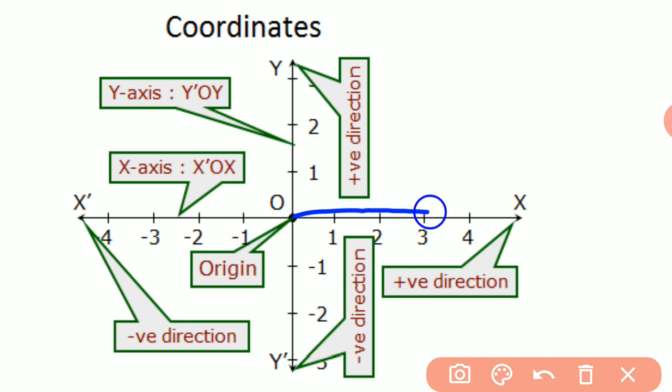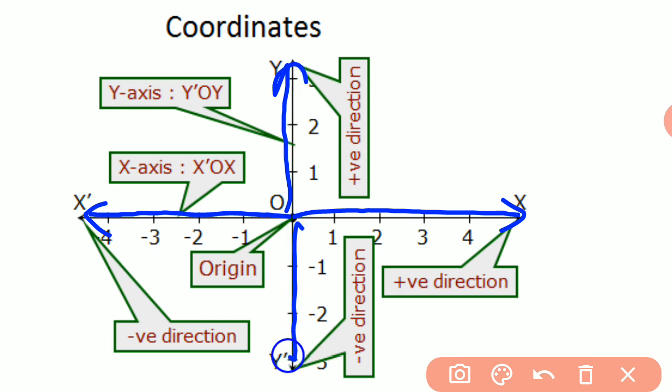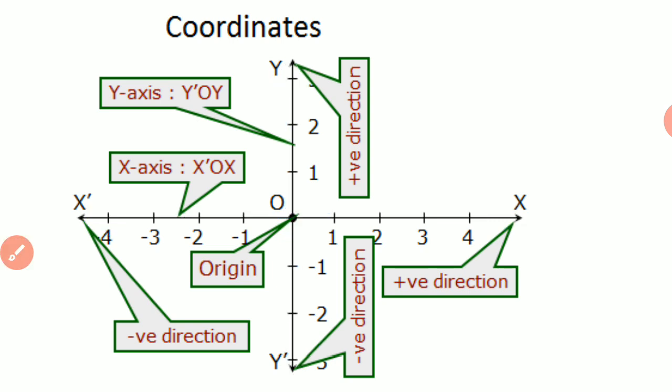OX is the positive direction of the x-axis, OX dash is the negative direction of the x-axis, OY is the positive direction of the y-axis and OY dash is the negative direction of the y-axis.